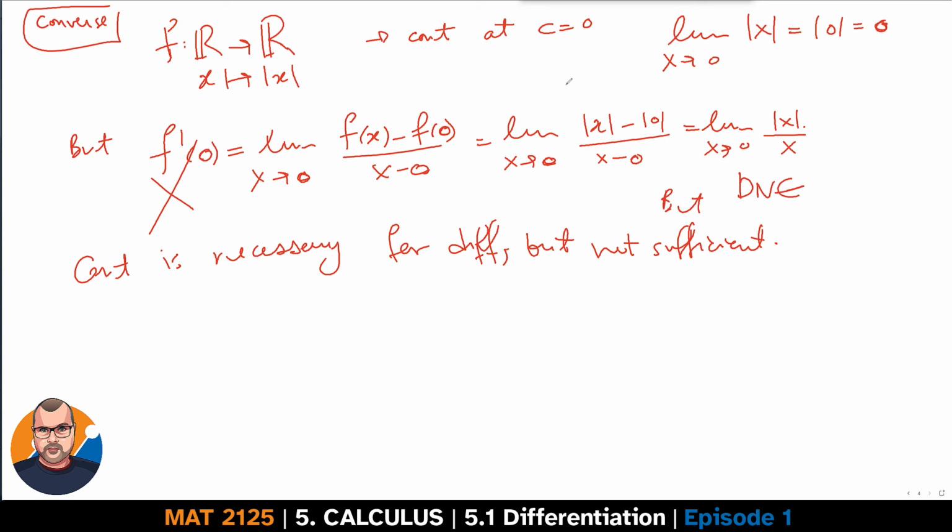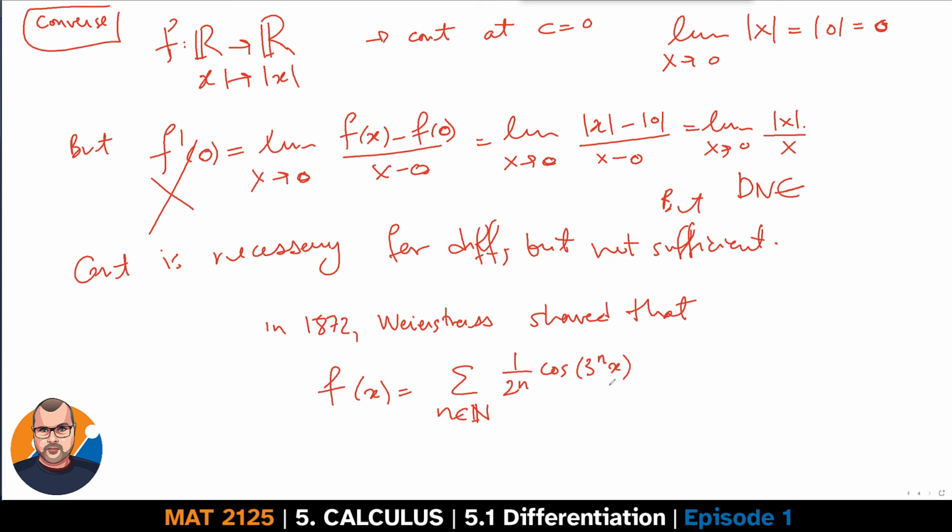There's going to be functions that are continuous everywhere, but that are nowhere differentiable. Weierstrass was the first one to find such a function. He used the following. Not the most natural arising function, but a function nonetheless. This function is continuous over R, but differentiable nowhere. That was a big surprise at the time.